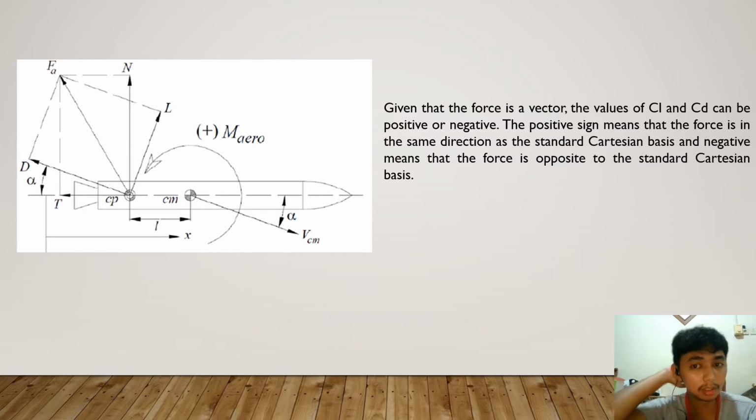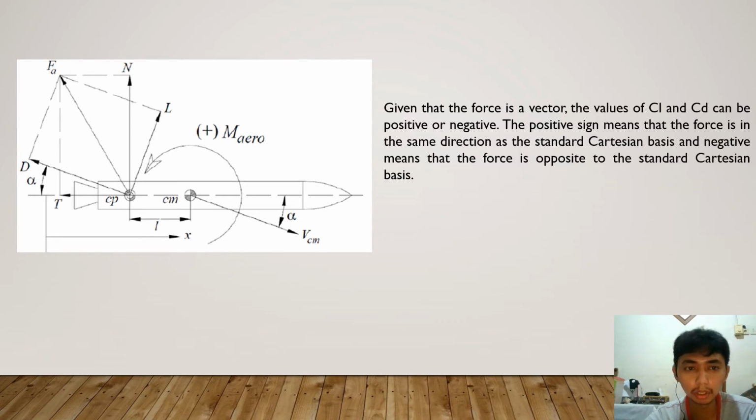Given that the force is a vector, the value of CL and CD can be positive or negative. The positive sign means that the force is in the same direction as the standard Cartesian basis, and the negative means that the force is opposite to the standard Cartesian basis.